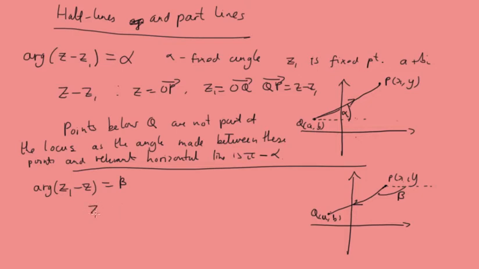So z1 minus z is equal to minus (z minus z1). And again, similarly, the points above P are not going to be defined as this locus, because the angle between these points and the relevant horizontal line is going to be pi minus beta and not beta. So same argument as the one above.